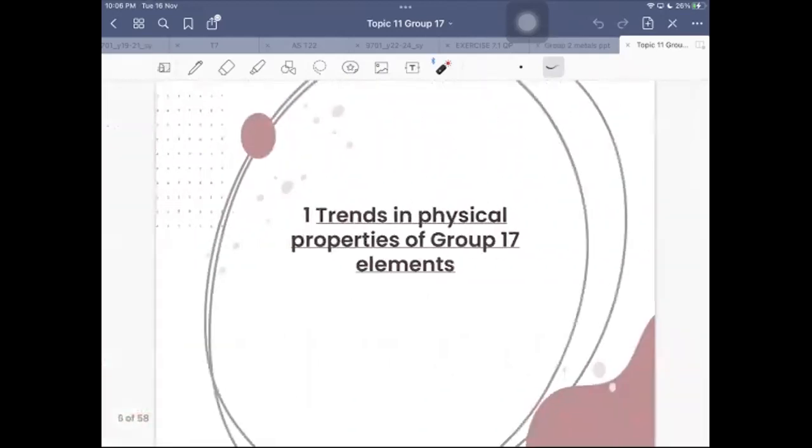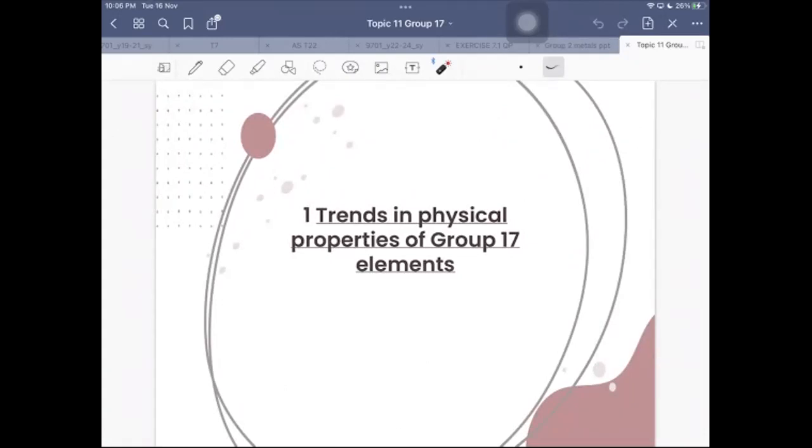As you all know, at room temperature, they exist as diatomic molecules. So whenever we talk about fluorine, chlorine, bromine, or iodine, it should be automatically instilled in you that they exist as a diatomic molecule, which has the formula F2, Cl2, Br2, I2.